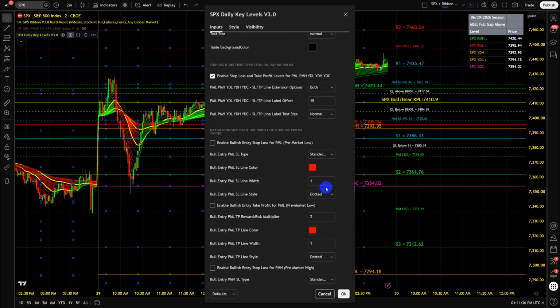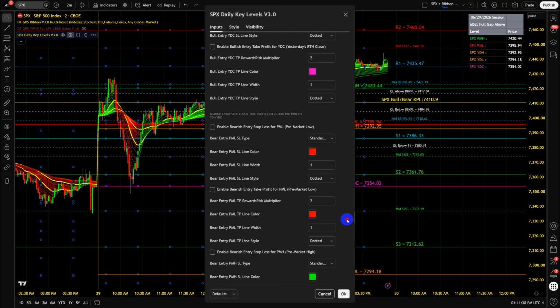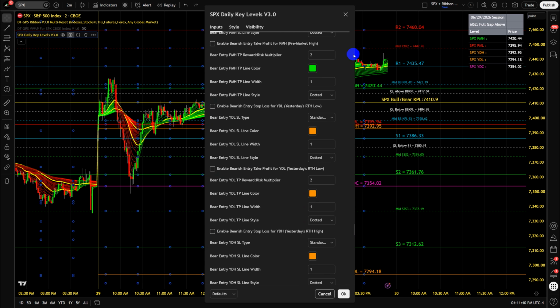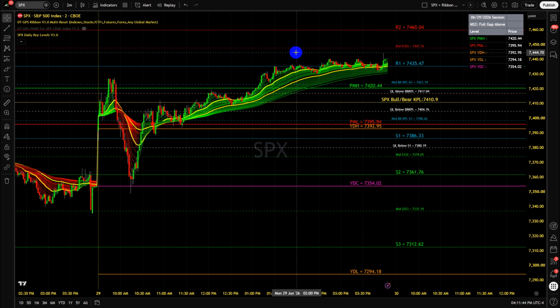First, you have the bullish section. Then you have the bearish section after that. Just pick the level that you're taking the trade on, select either tight stop loss or standard stop loss, and it will generate the stop loss on the chart for you and signify what level that stop loss is on, whether it's tight or standard. Then you can pick from the drop down menu your take profit target as well.